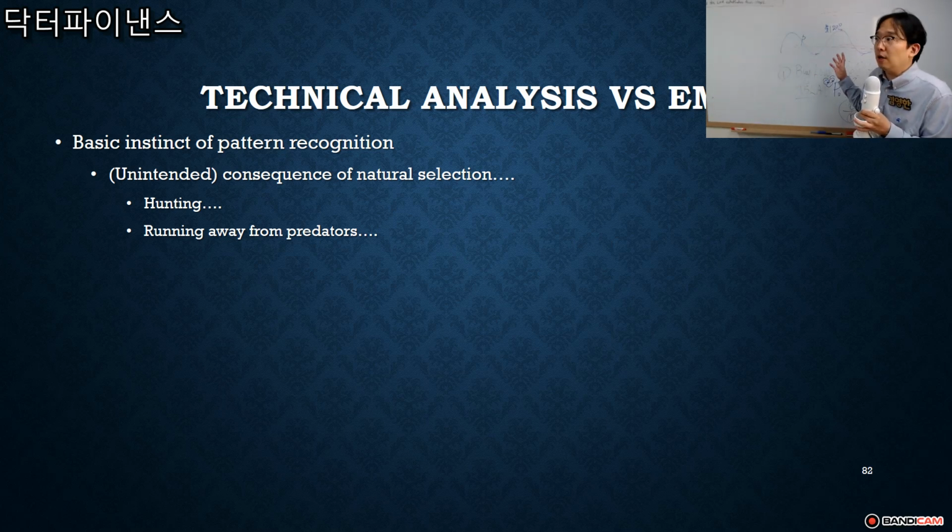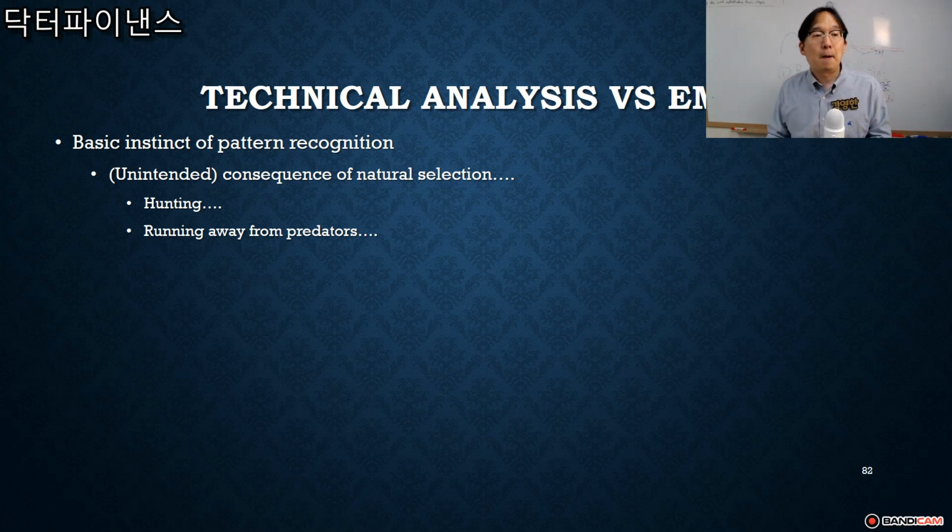They don't care. What they care about is the company's stock price chart movement, and it goes together with our pattern recognition instinct. Well, it goes back to our million years of history of hunting in the field. Those who were faster in visual pattern recognition had a higher chance of survival.